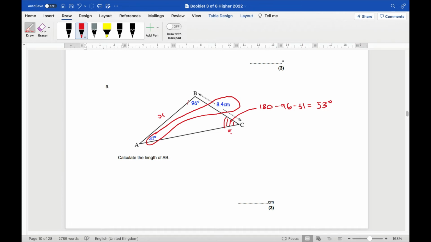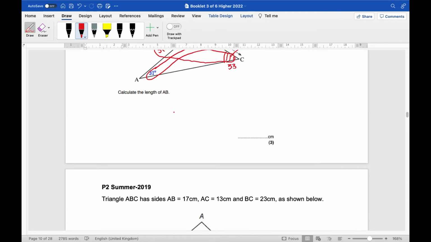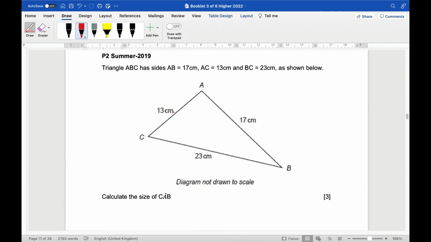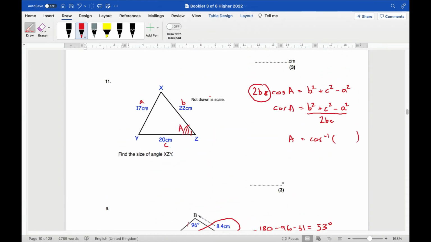So that is an important angle because then this is the important pair to get x. So use your sine rule to try and work out x, knowing a complete pair and now that incomplete pair. Size of CAB, chance for you to practice that horrible one. Okay, have practice of it, so that's using the cosine rule to find an angle like question 11 there.